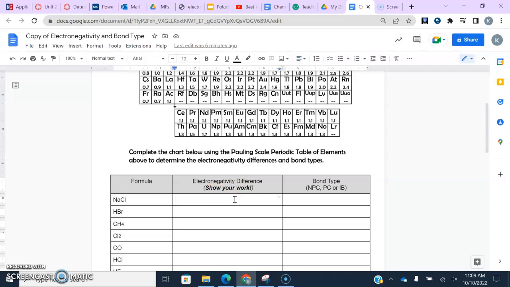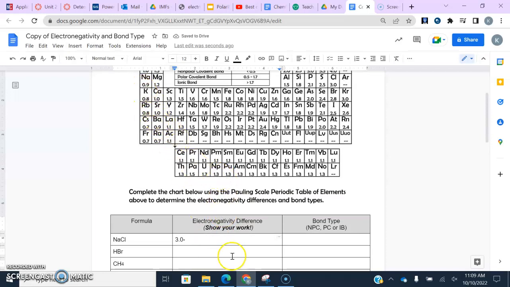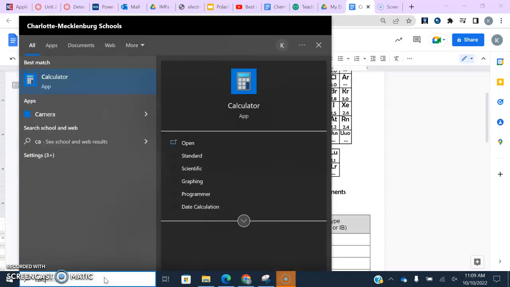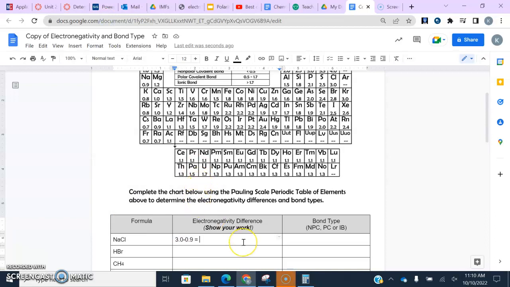To show our work, we're just going to do 3.0 minus 0.9 equals, and of course you guys have calculators on your phone. I'll pull up my calculator from my computer really quick. So we just do 3.0 minus 0.9, and that gives us 2.1. So an electronegativity difference of 2.1.